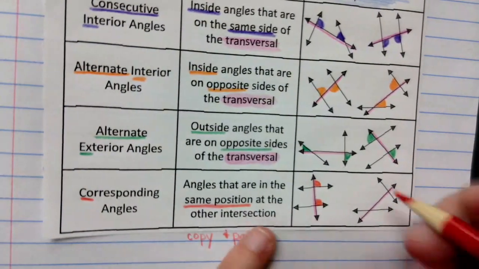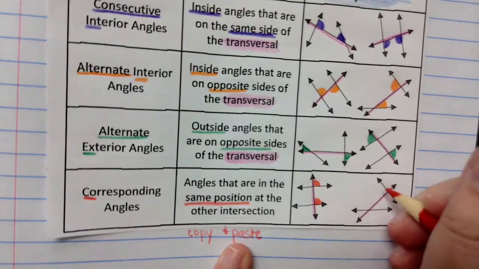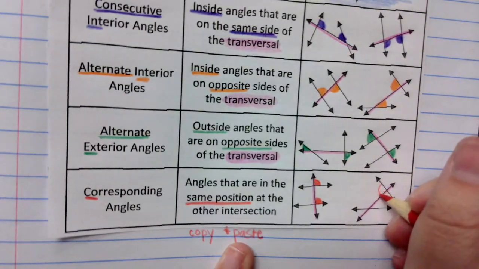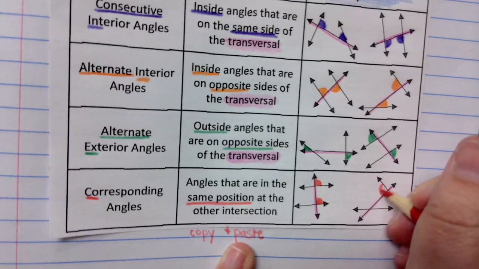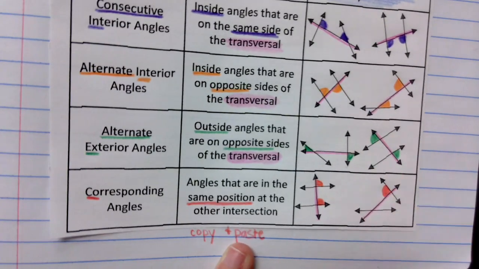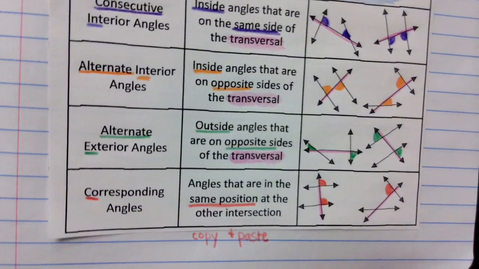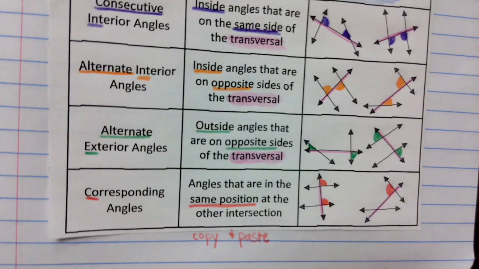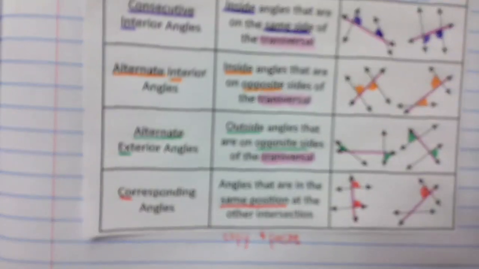Alright, last one. If I start with this angle, I want the corresponding angle at the other intersection.